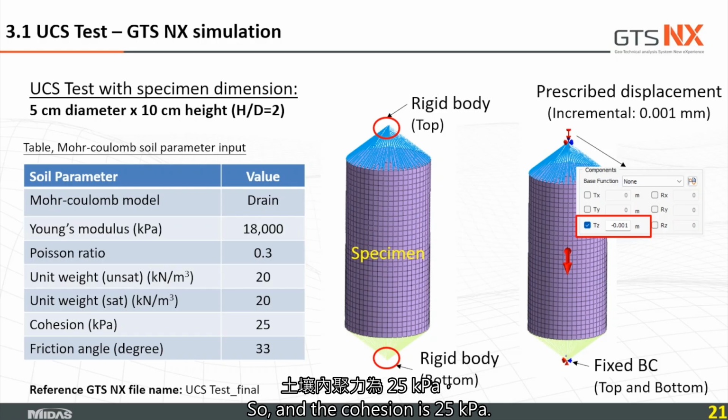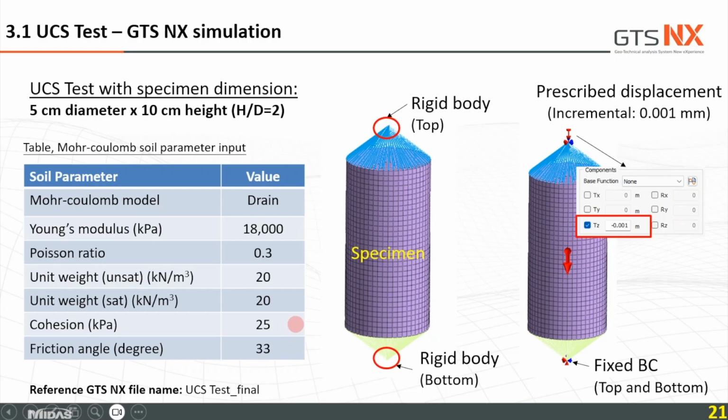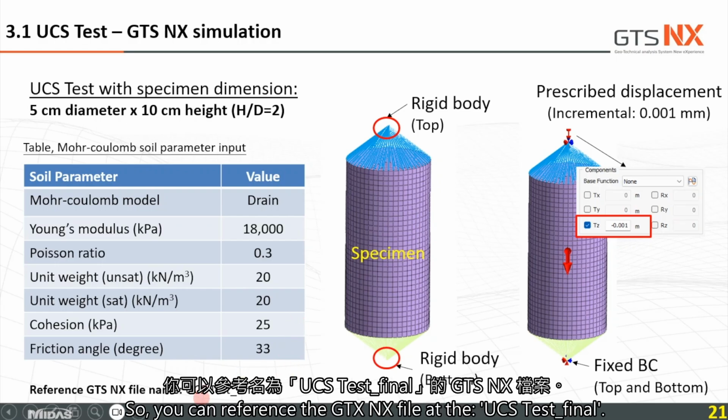The cohesion is 25 kilopascal, and the friction angle is 33 degrees. You can reference the GTS NX file, UCS test final.